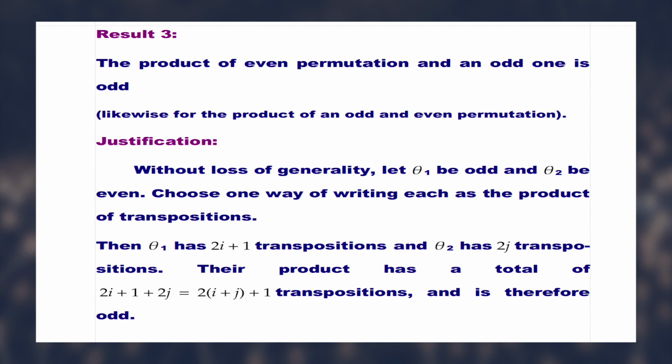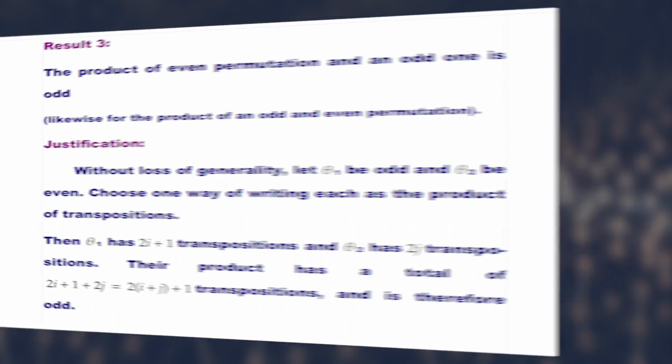Then, theta 1 has 2i plus 1 transpositions and theta 2 has 2j transpositions. Their product has a total of 2i plus 1 plus 2j. Here we will take 2 as the common factor. So, 2 times (i plus j) plus 1 transpositions, and is therefore odd.